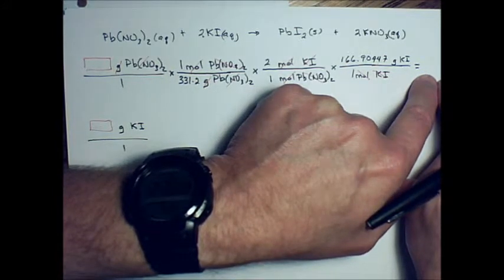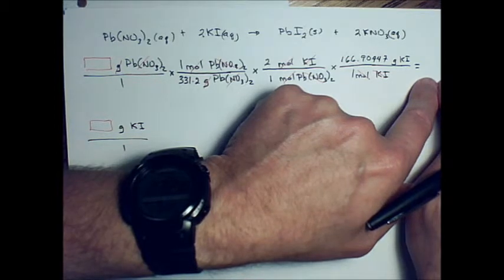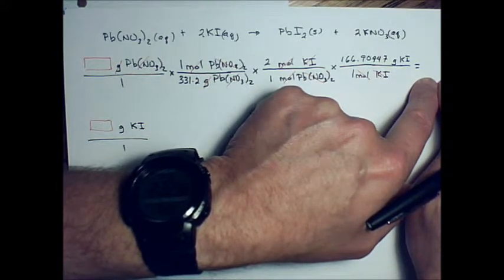On the other hand, if this calculated amount is less than the amount you actually measured out, then this species, potassium iodide, is the excess reactant, making the lead nitrate the limiting reactant. Does that make sense? Everybody clear with that?